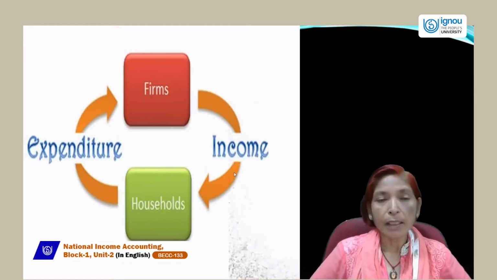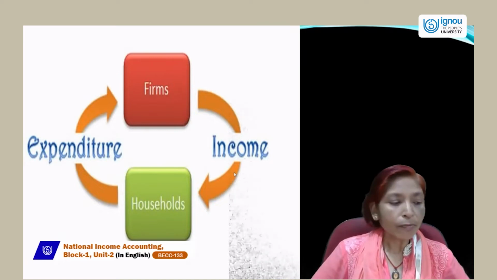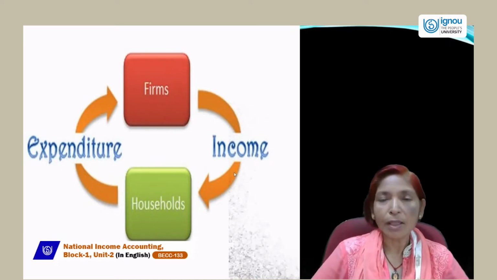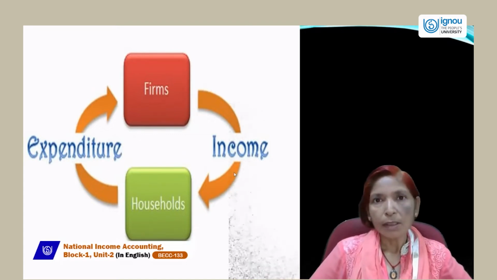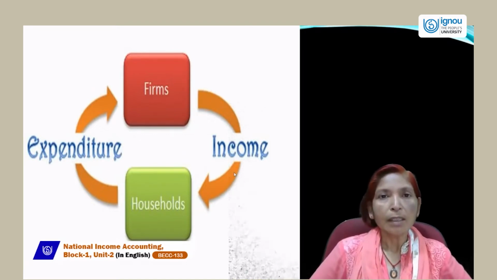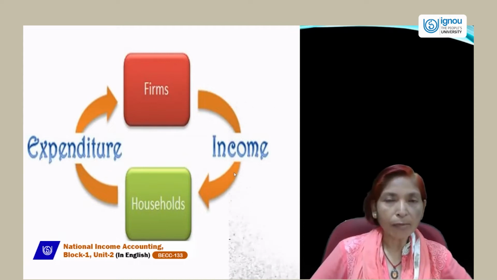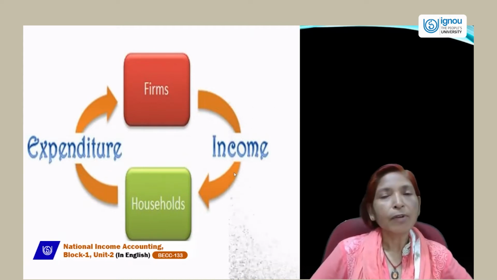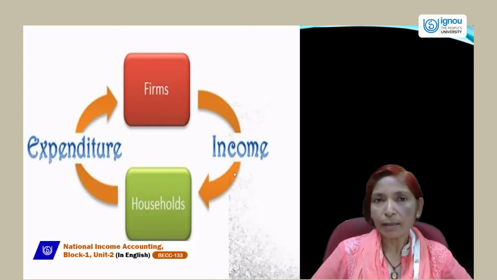At present, in every country, four sectors exist in the economy. One is household, generally called the owner of all the factors of production. Firm is known as the producing sector.